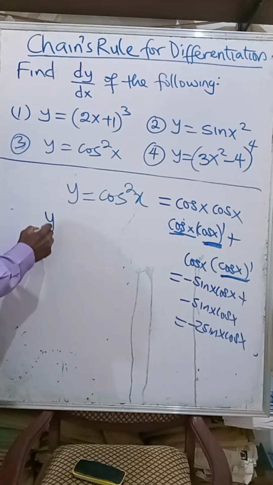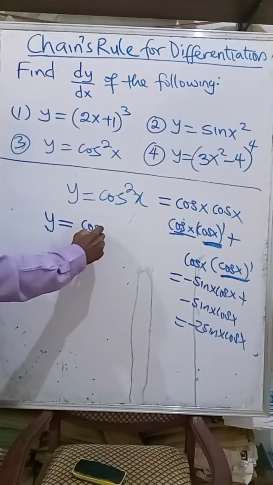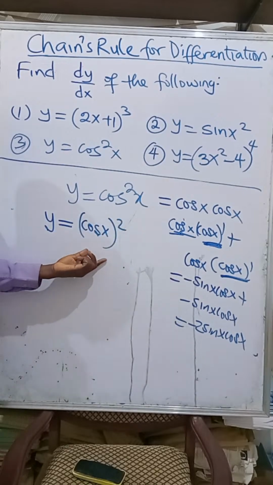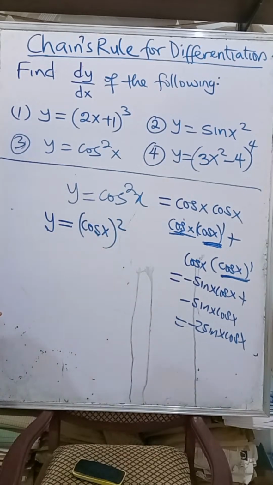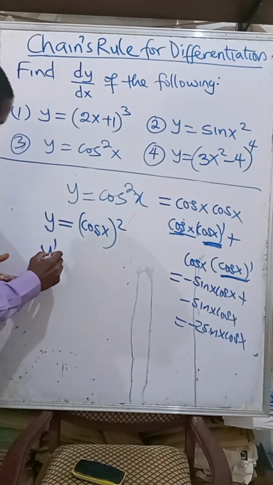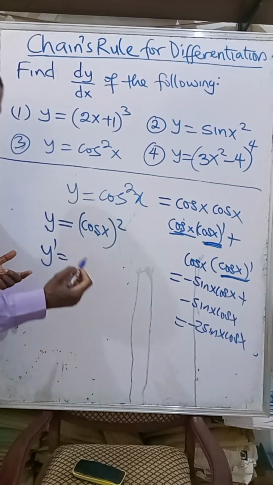So I'm going to write this one into this form, cos x squared. It's the same thing, the equivalent of that expression. Then the y prime, which is dy dx, the 2 will come to the front, just like normal differentiation.